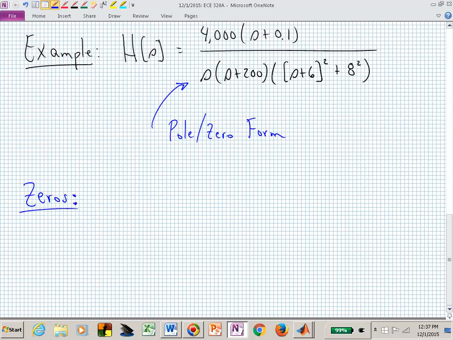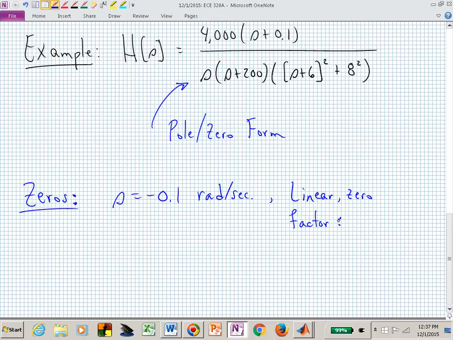We do have a value of s, a polynomial in the numerator that will cause the whole thing, H of s, to equal 0, and that's when s is equal to minus 0.1. And we will call that a linear zero factor.